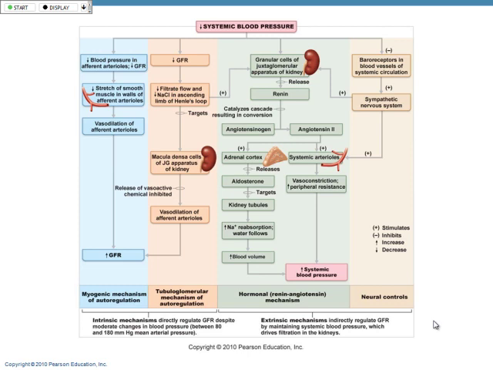And it affects who? It affects the kidney tubules, and it's going to cause the cells of the kidney tubules to do what? Increase reabsorption of sodium back into where?